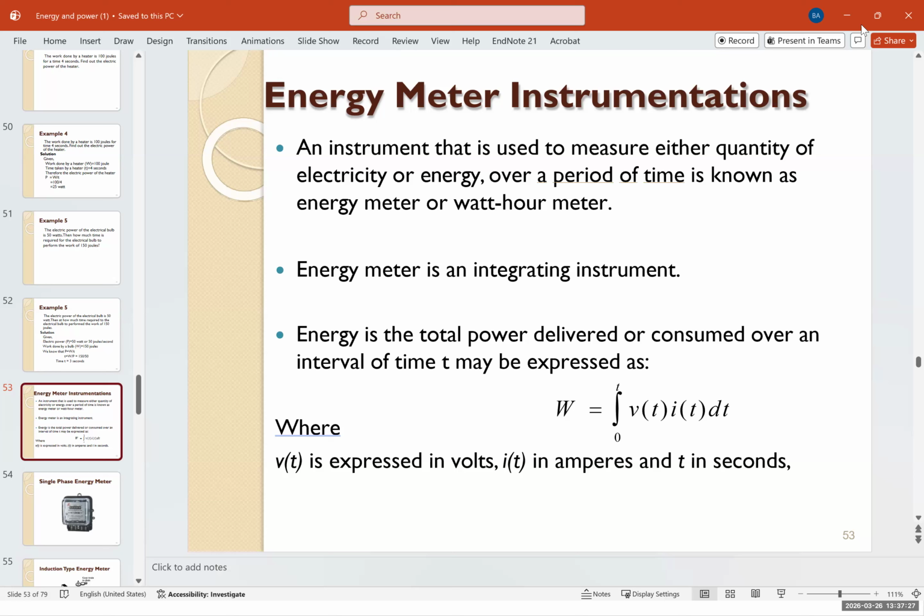In other words, it's going to be the integral, which is the summation of V(t)I(t), which is the total power delivered or consumed over an interval of time, T. V(t) is expressed in volts and I(t) is amperes.